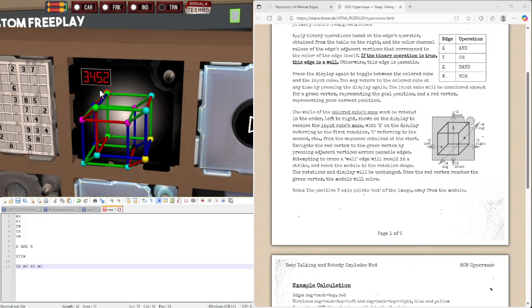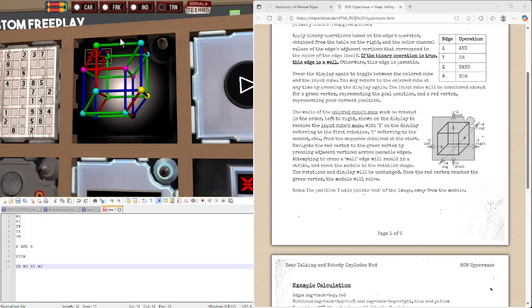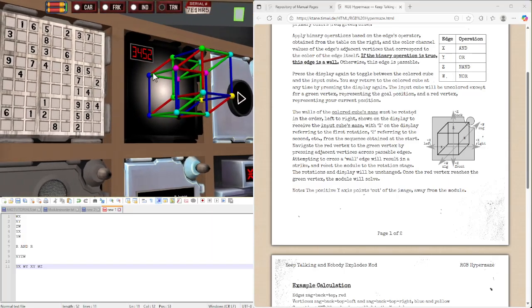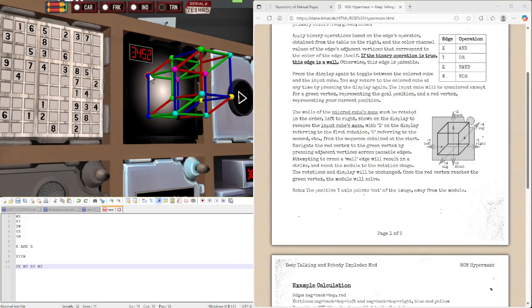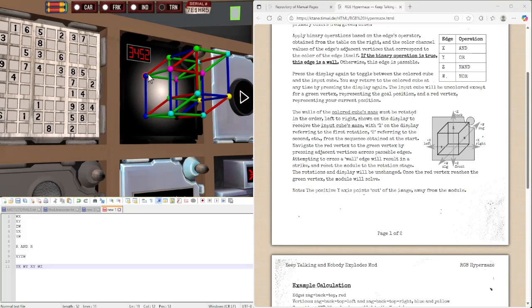XY, that's positive Y to positive X, this one up here, and then WZ, we're on X, so W goes to Y, Y goes to X, and then X is not affected by the last one, so X and, that one's true, so that's a wall. That's slightly annoying.